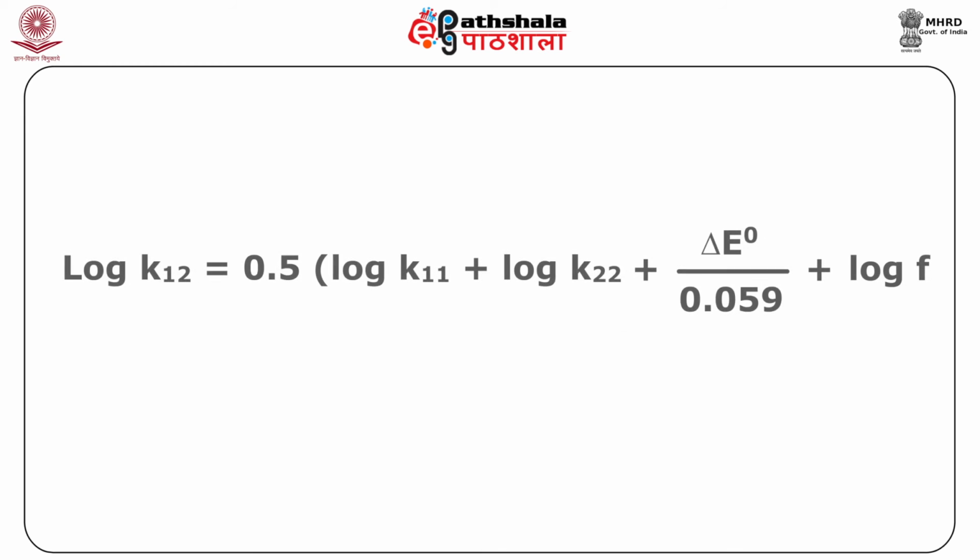The most significant equation for one electron transfer process at ambient temperature, that is 25 degrees centigrade, is log k12 equal to 0.5 [log k11 plus log k22 plus delta E0 by 0.059] plus log f.